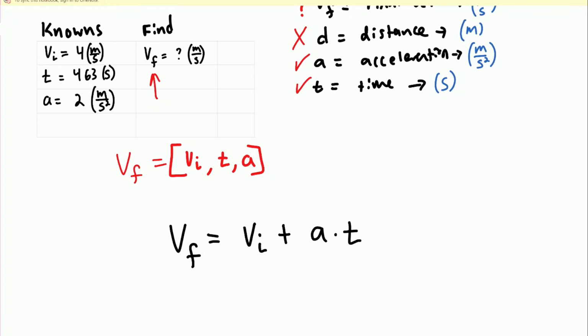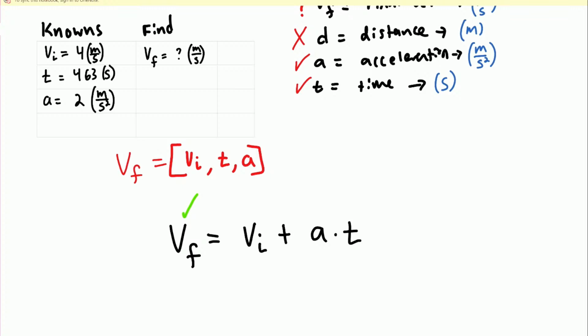Now, to make sure that this is indeed the correct equation, I have to verify that what's on the left side is my find. Is that my find? Sure enough, it is. So I get a check mark for that.